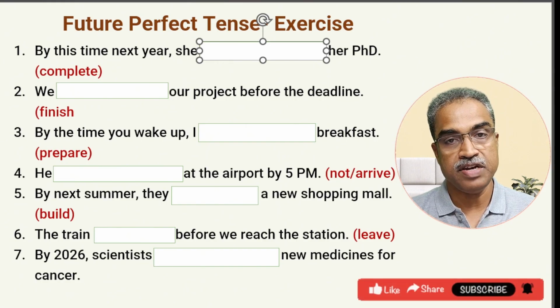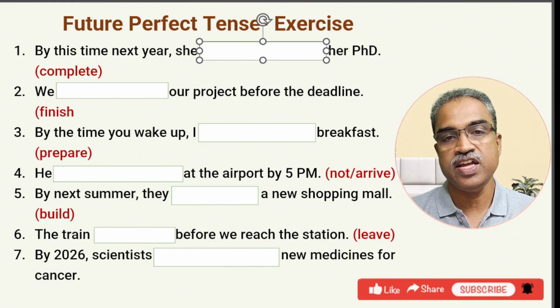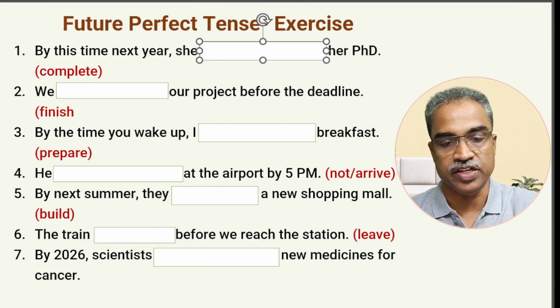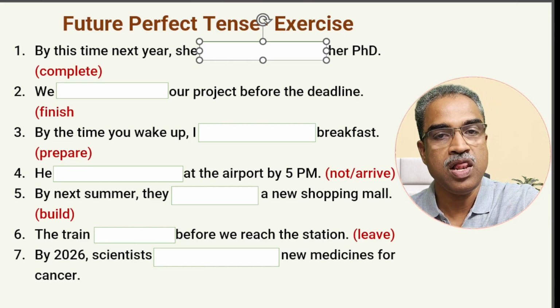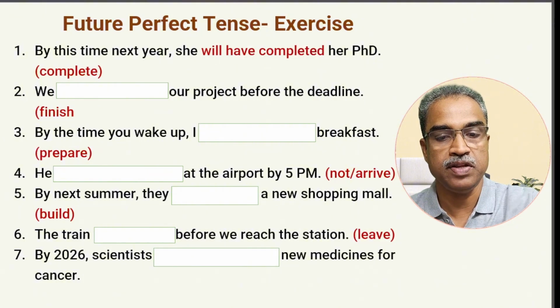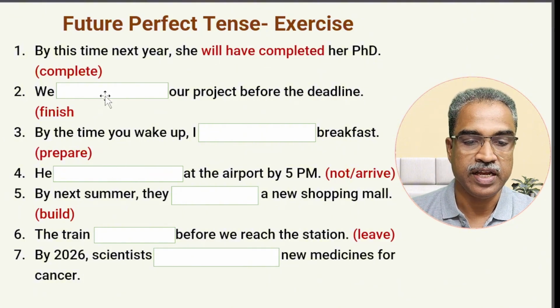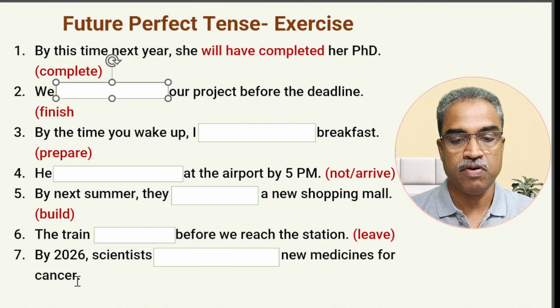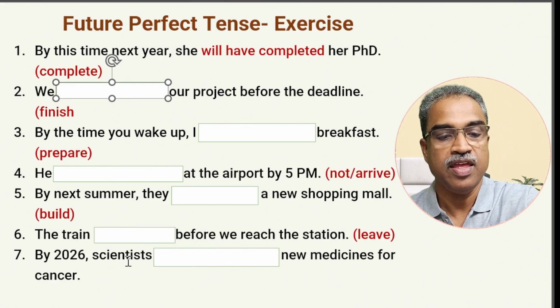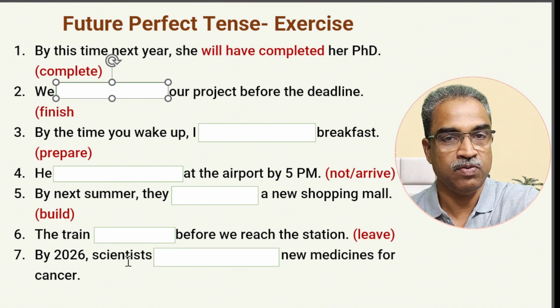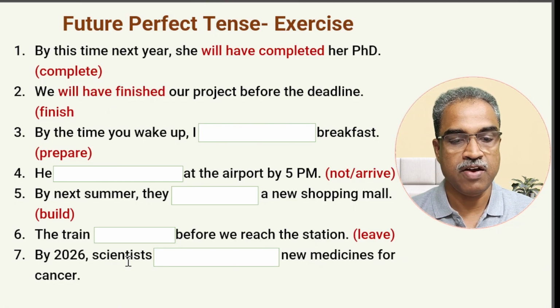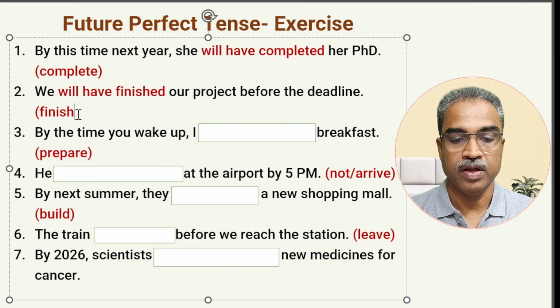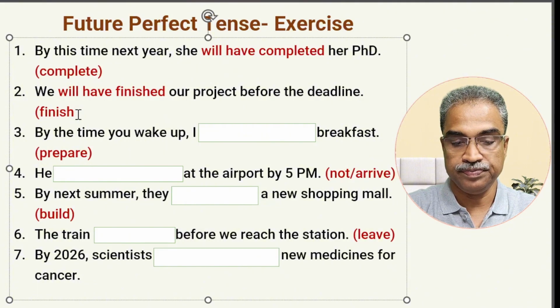By this time next year, she will have completed her PhD. And second one, we dash our project before the deadline. Finish. We, future. So will, perfect. So have, we will have, V3 form. Finished. We will have finished our project before time.